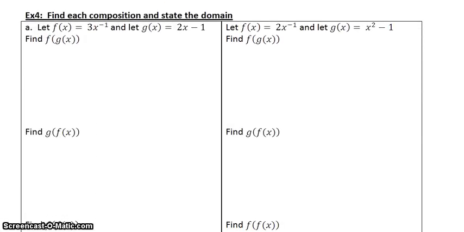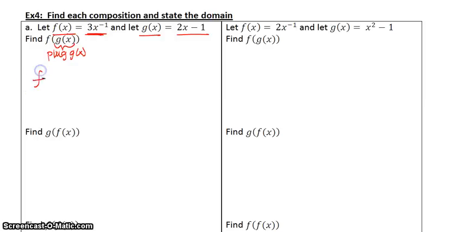Alright, so here for example 4, I've got two functions. I've got 3 times x to the negative first, that's f, and then my function g is 2x minus 1. For the first part, I want f of g of x. And here's what this means. This means I want to plug g of x in the entire function, everywhere I see an x.